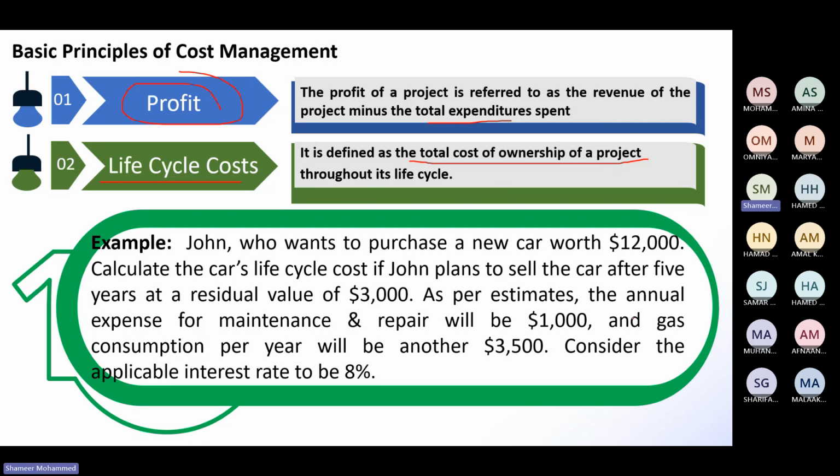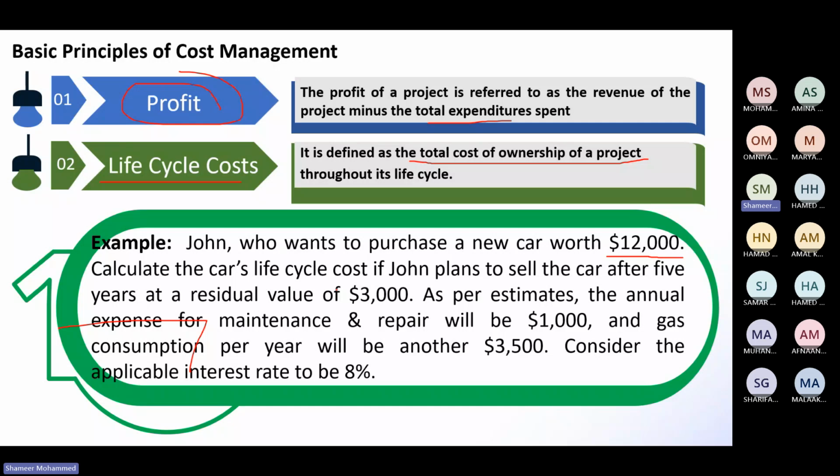Example here, see. John wants to purchase a car worth $12,000. Calculate the car life cycle cost. If John plans to sell the car after 5 years, the residual value is 3,000. That means you will not get 12,000.